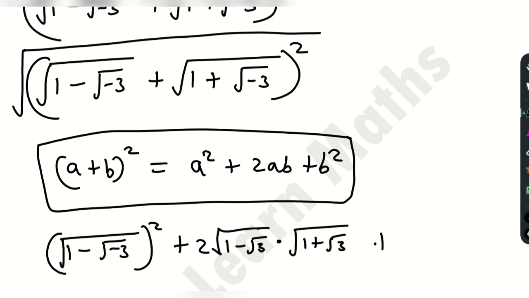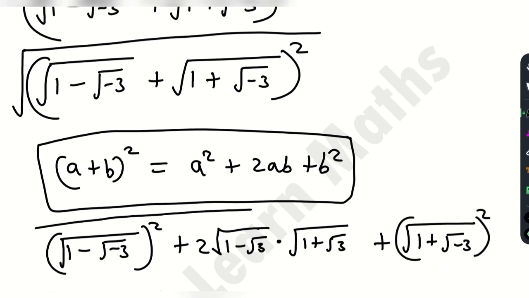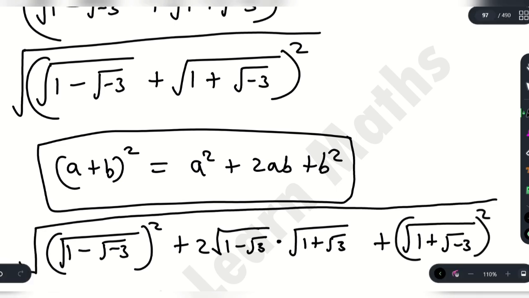Then the last one, b squared. So you take the other one and you square it, which is this one now: the square root of 1 plus root negative 3, all squared. Now don't forget that there's an overall radical symbol like this.